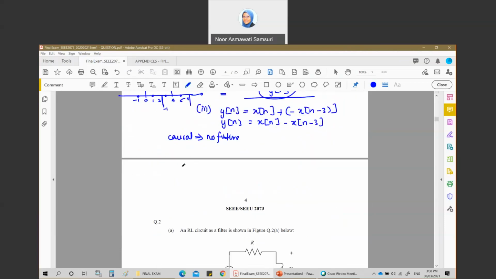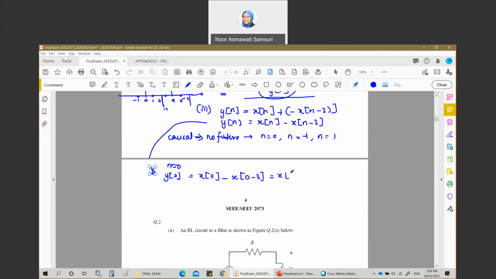So you need to test with n equal to 0, n equal to -1, and n equal to 1. Let's say n equals 0. So y0 equals x0 from this equation: x0 minus x0 minus 3.